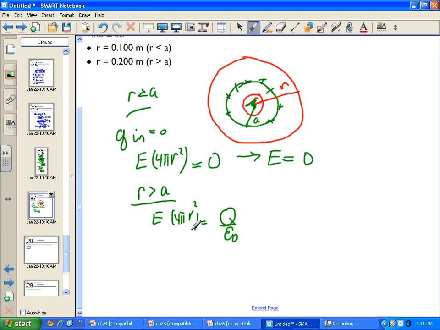We recognize that 1 over 4 pi epsilon naught is k.